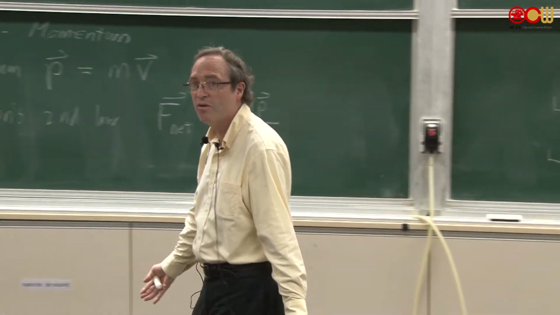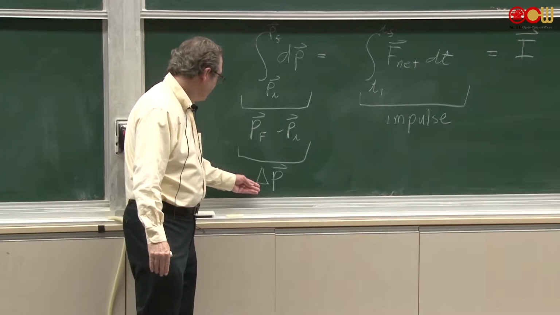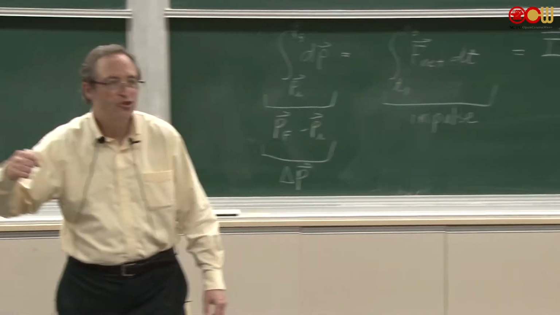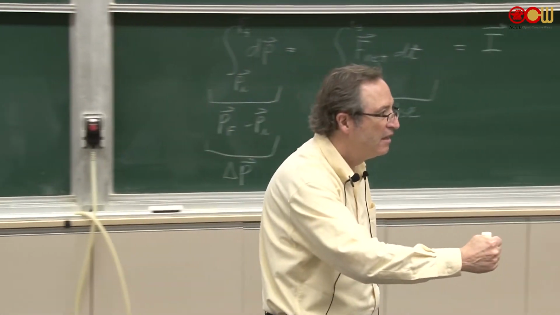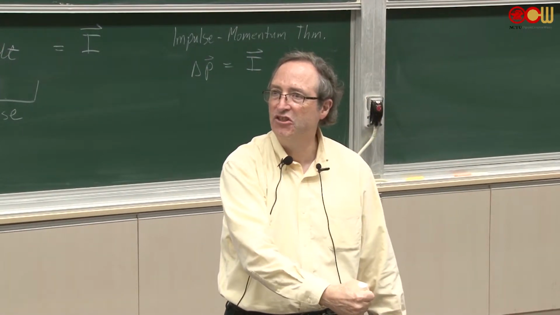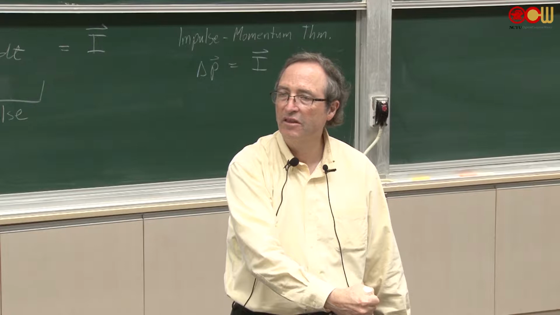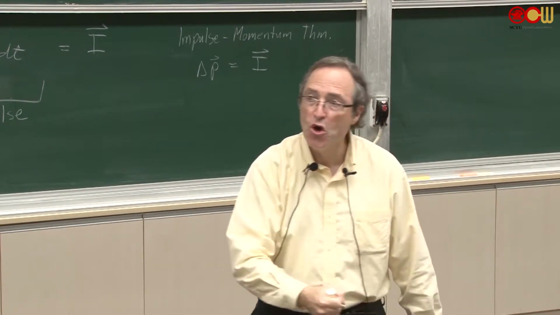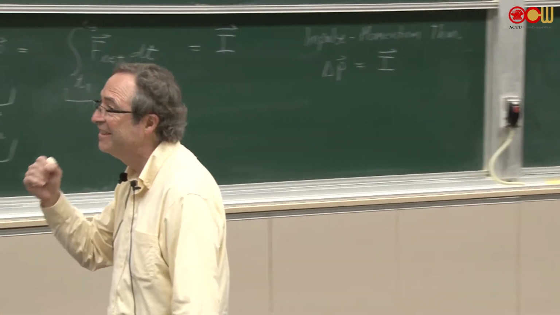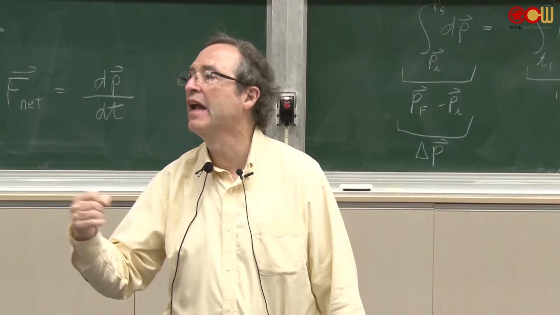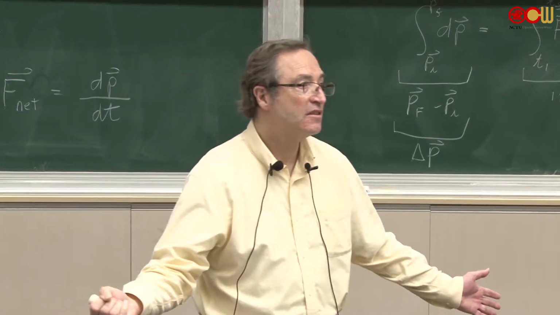What do they do? Think about the change in momentum. You're driving, and then suddenly you come to a stop due to the collision, the car crash. So your change in momentum is the same whether you have the airbag or not. So what changes?